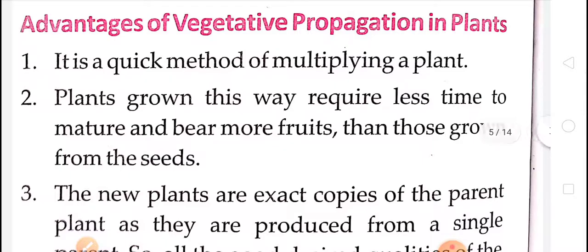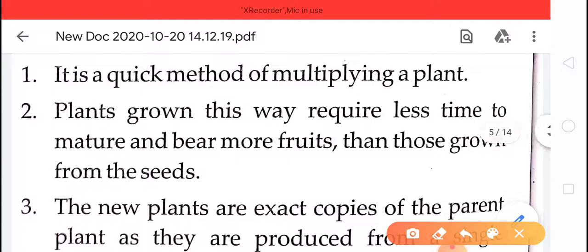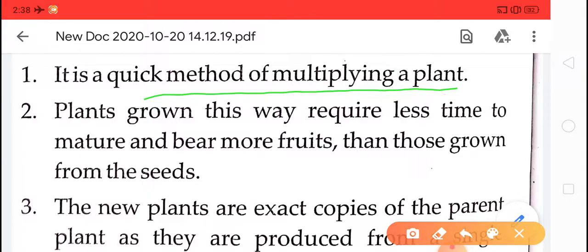Now some advantages of tissue culture, children. First, it is a quick method of multiplying plants. In a very short time, thousands of plants can grow.